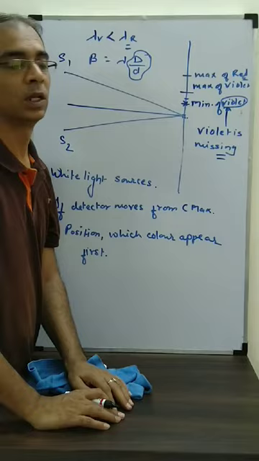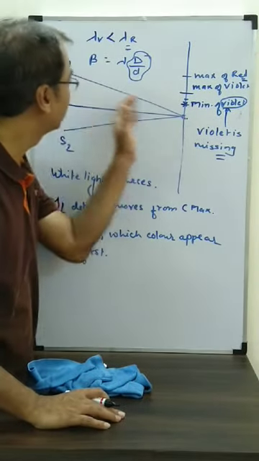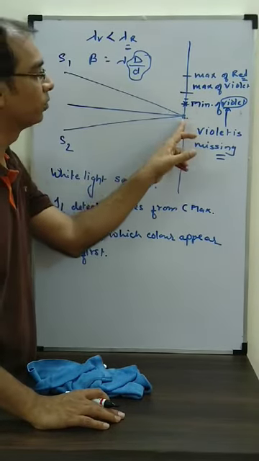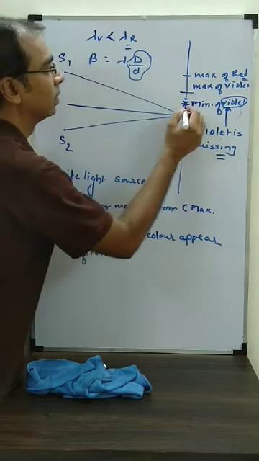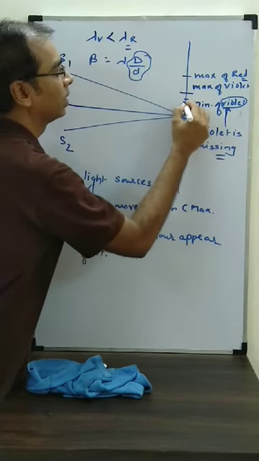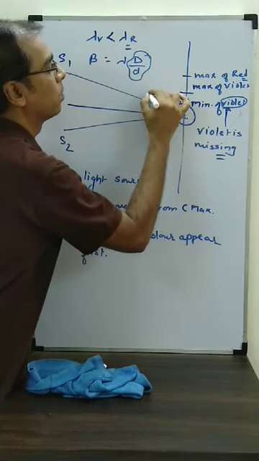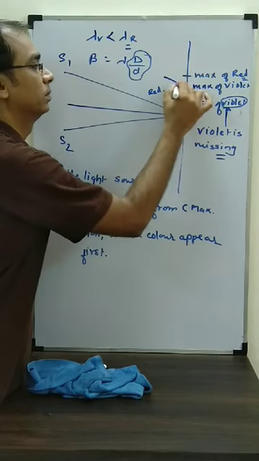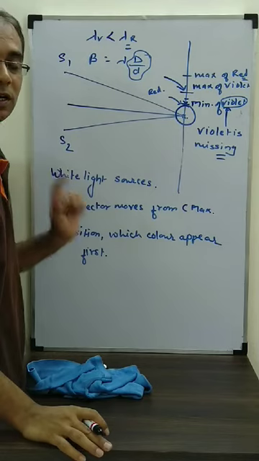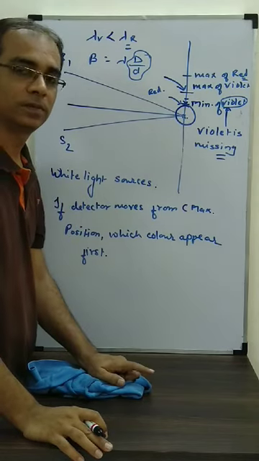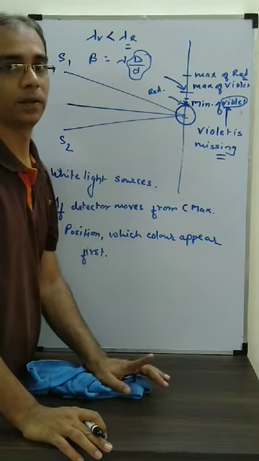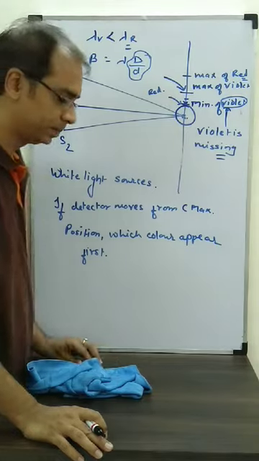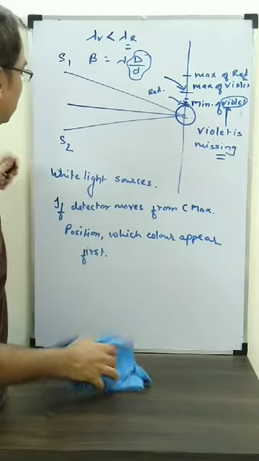Red color. So as you move from central maximum, which is having white color, the first color will appear as red. Then violet. Which color maxima comes first? Violet. But which color appears first? Red. Remember that. Okay.